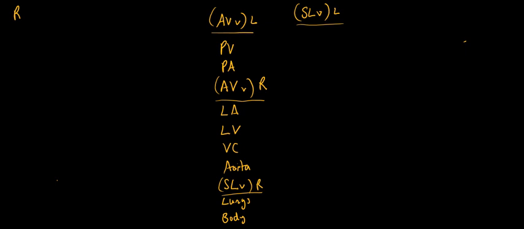Okay, so we're starting in the right atrium, then we're going to go through the AV valve on the right-hand side to the right ventricle. Then from the right ventricle, we're going to be going via the pulmonary artery.